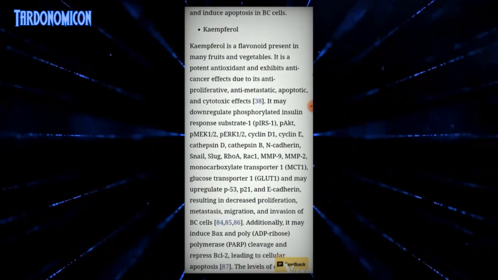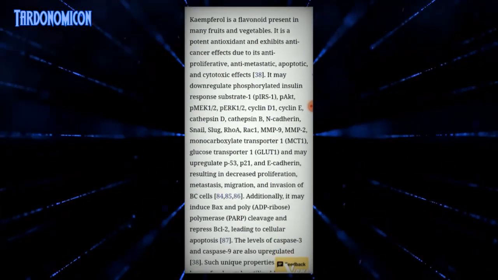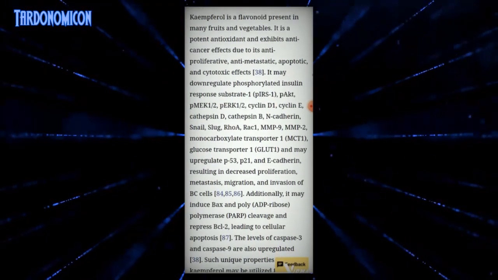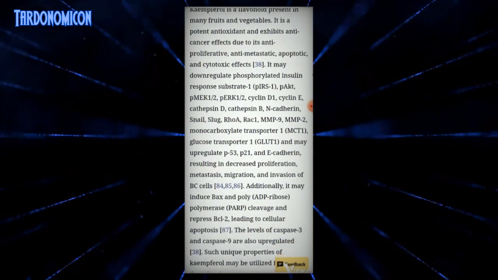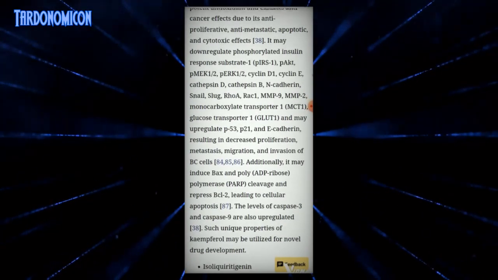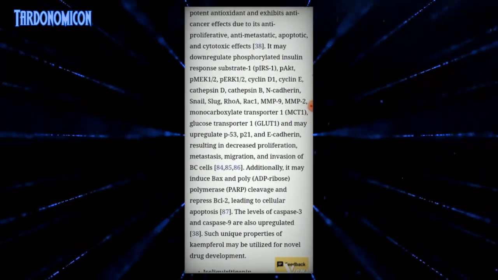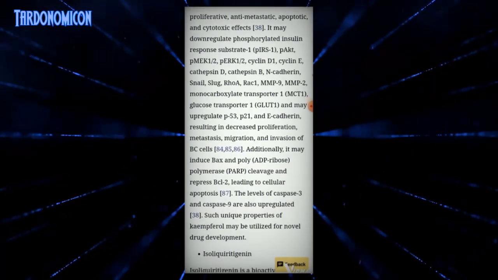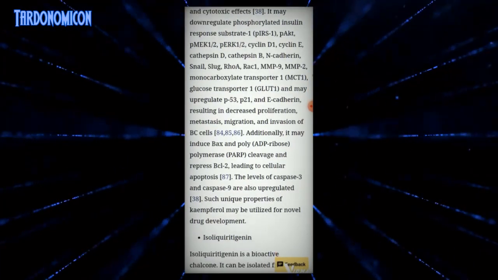Kaempferol is a flavonoid present in many fruits and vegetables. It has potent antioxidant and exhibits anti-cancer effects due to its anti-proliferative, anti-metastatic, apoptotic, and cytotoxic effects. It may downregulate insulin response.